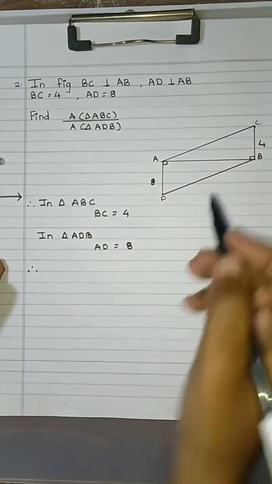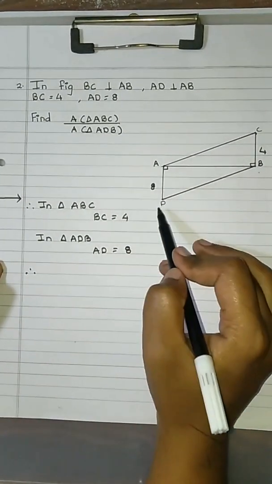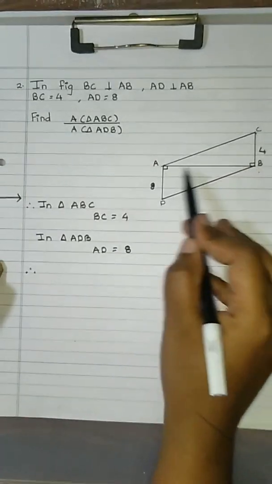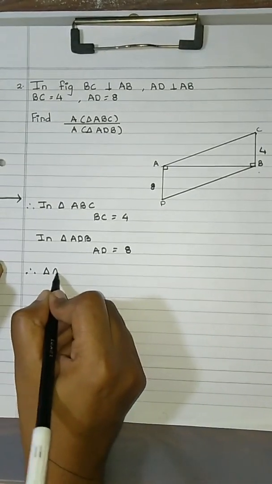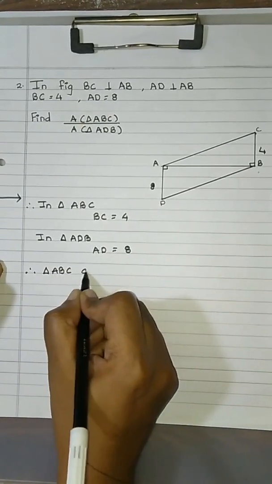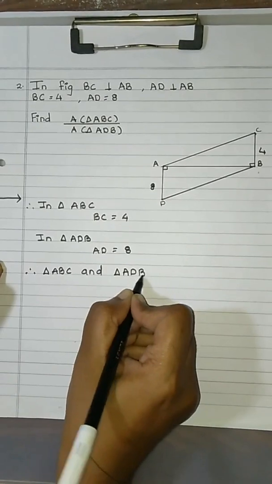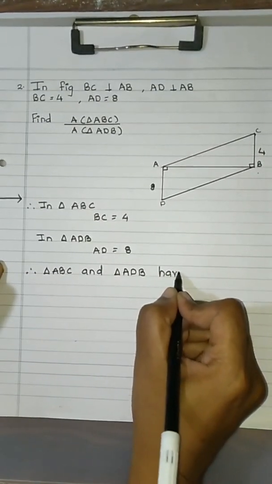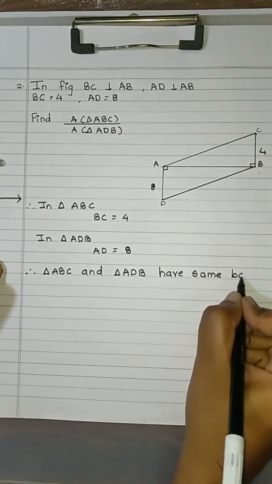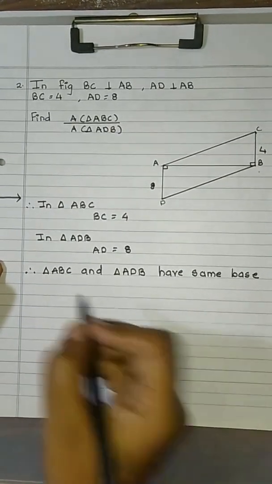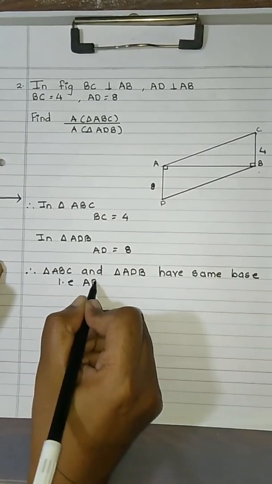And you very well know that triangle ABC and triangle ADB lie on the same base, that is AB. Therefore triangle ABC and triangle ADB have same base, that is AB.